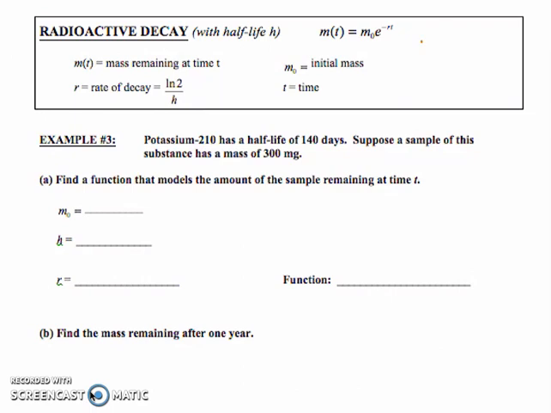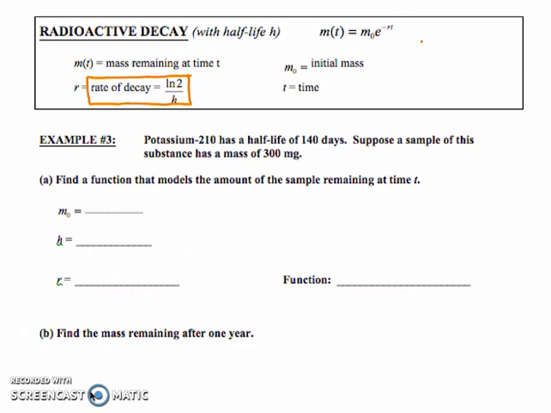What's important here is that r, the rate of decay, is natural log 2 divided by h, where h is the half-life of whatever the element is that we're talking about. So our r value isn't going to be given straightforward. We're going to have to find it with the information that was given to us in the problem.